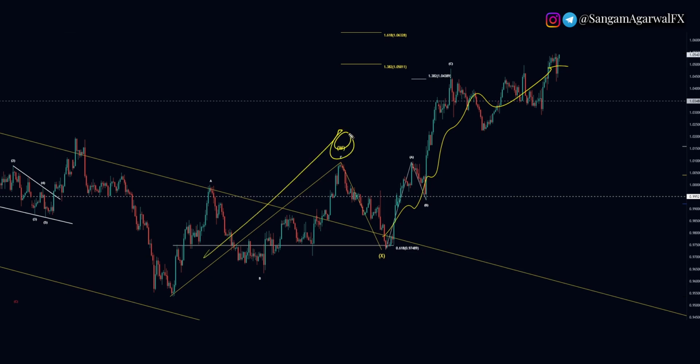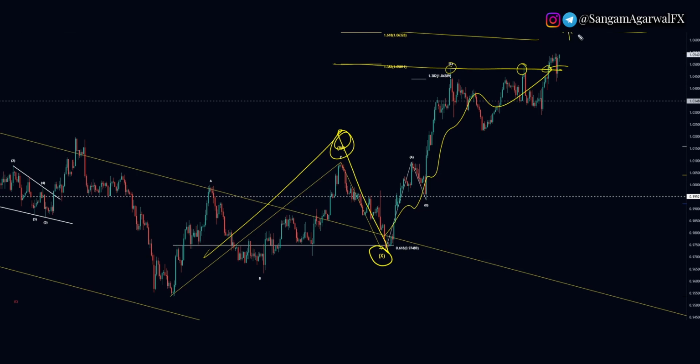and wave W, after making a 61% retracement as wave X, that was your 38% projection, and it tried to make a double top. So after the breakout the next target is 61%, that is near the daily resistance level.